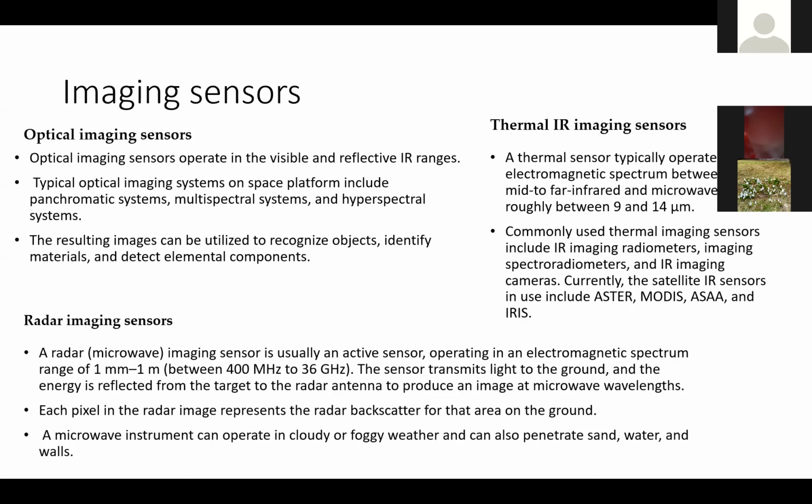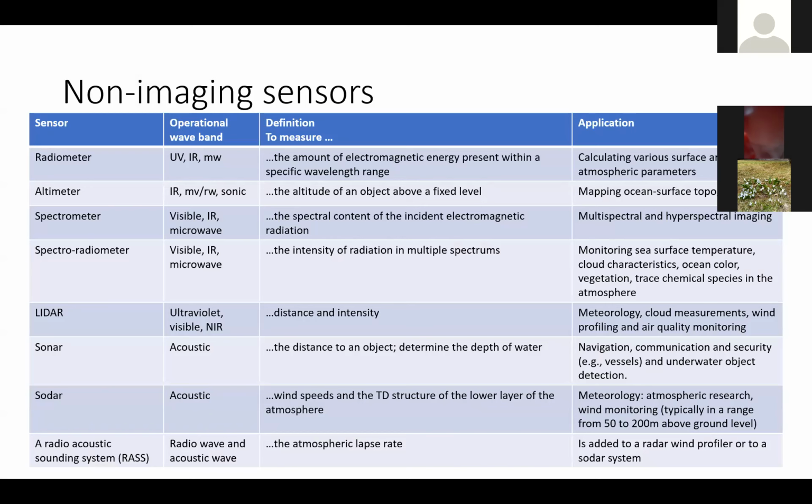Thermal sensors operate in the electromagnetic spectrum roughly between 9 and 14 microns. Commonly used thermal sensors include imaging radiometers, spectroradiometers, and infrared imaging cameras. Non-imaging sensors are listed here in the table.